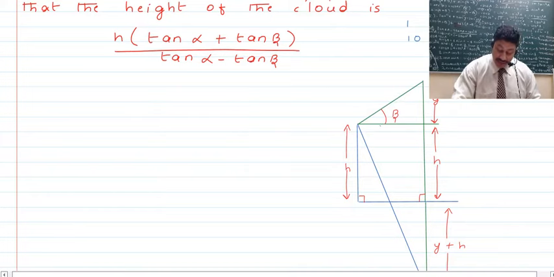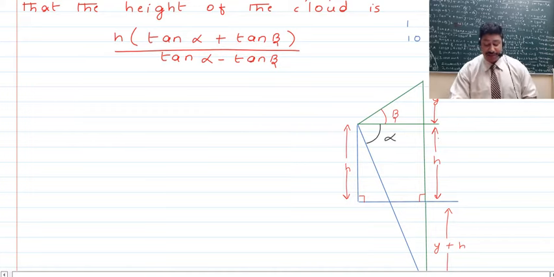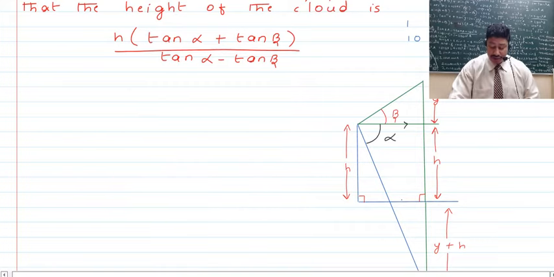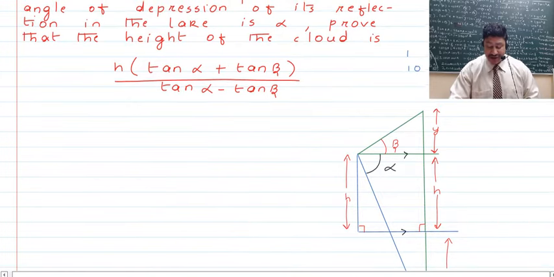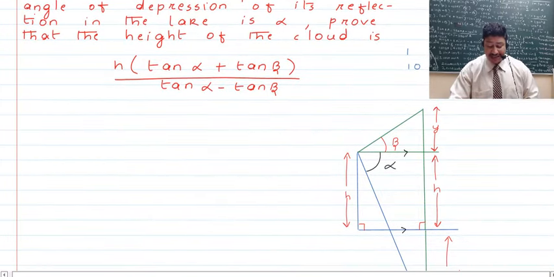So in this case, we can mark this angle to be the angle of depression, which has been given to you to be alpha, right? Remember that this is a straight line parallel to the horizontal, and if you talk about this straight line in itself, it is the horizontal, right? Now after this, children, we are going to mark the strategic points, which are the points required in the figure.